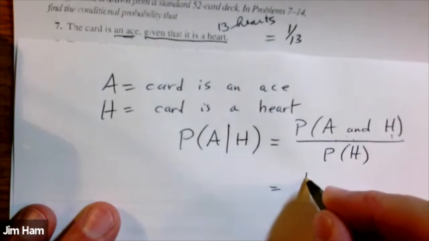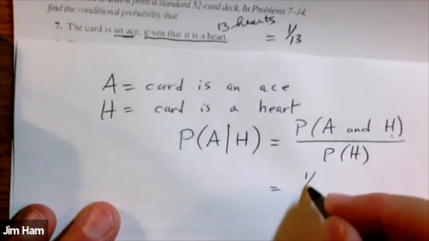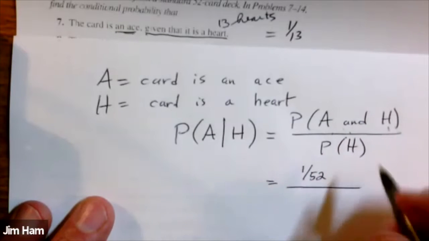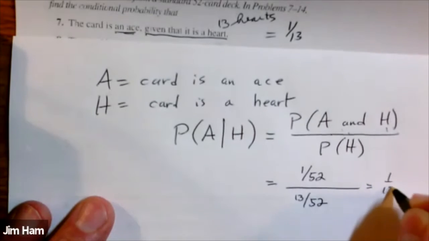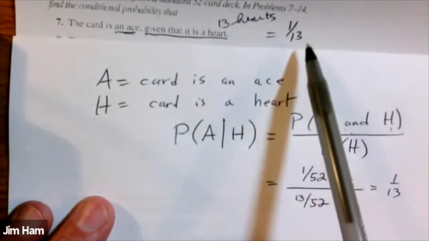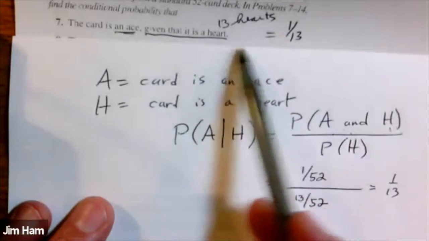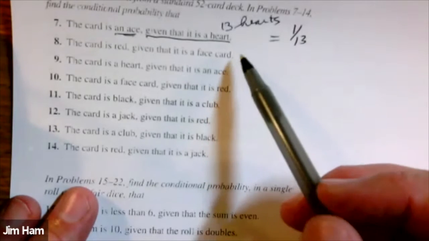Well, there's just one card out of the deck. That's the ace of hearts. So the probability of drawing the ace of hearts would be 1 out of 52. The probability of getting a heart when drawing out of the deck would be 13 out of 52. So if you simplify this complex fraction, multiply the top and bottom by 52, the 52s cancel, and you can see that we get the same probability if we use the formula. All right. So sometimes you can just intuitively reason them out, and other times you might want to go to the formula. All right. Let's take a look at 8.